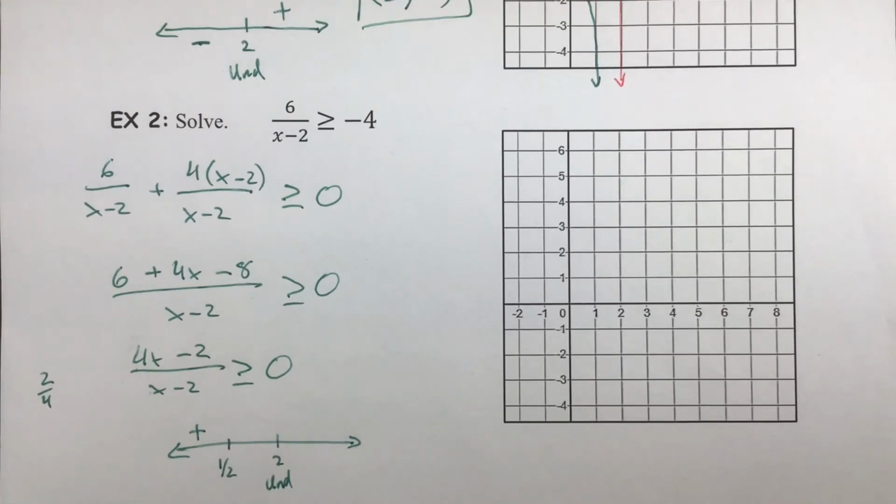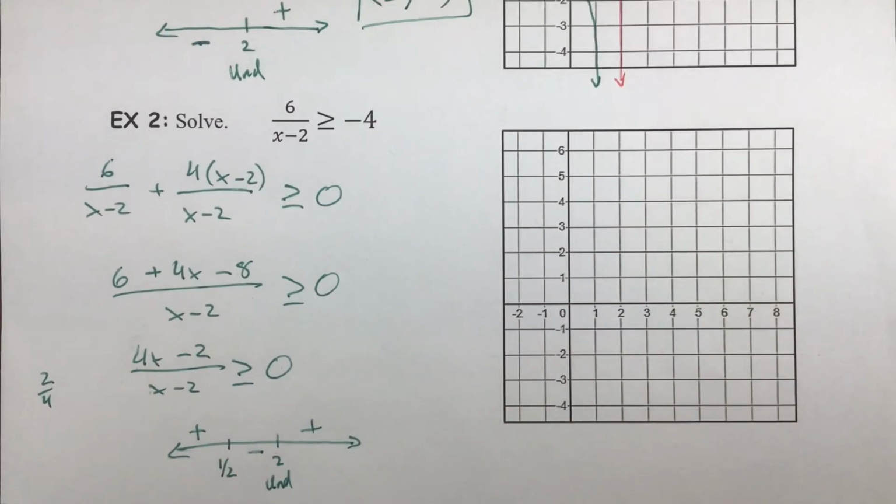All right, between these two, we could choose the number 1. Okay, so if we plug in 1, we're going to get 4 minus 2, which is positive. We're going to get 1 minus 2, which is negative. So overall, it becomes negative. The last section, anything greater than 2, suppose we put in 3, that would give you 12 minus 2, which is positive. That would give you 3 minus 2, which is also positive. So we're positive here as well.